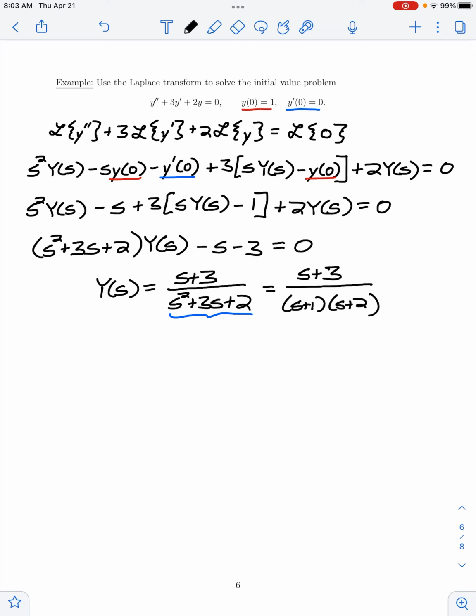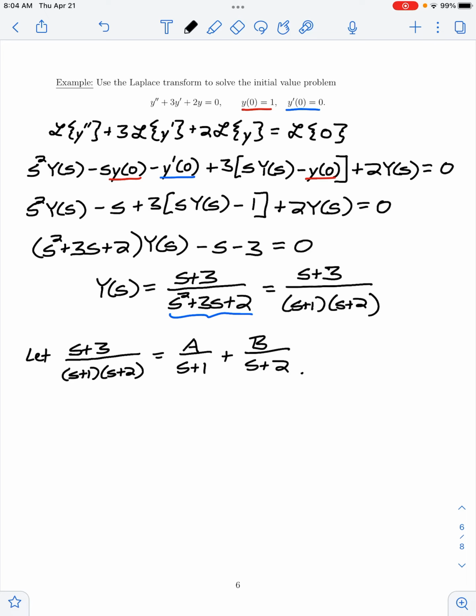So using partial fractions here, I'm going to rewrite (s + 3) over (s + 1)(s + 2) as some constant A over (s + 1) plus B over (s + 2).